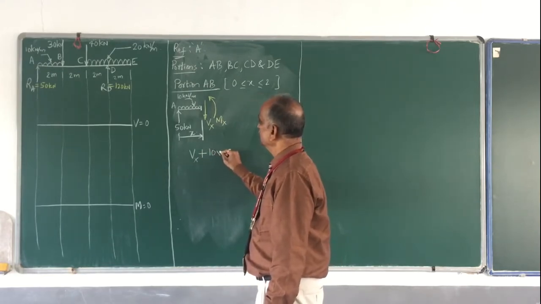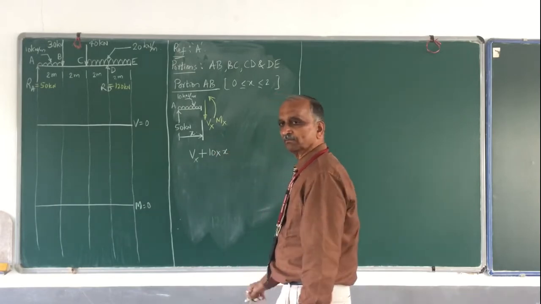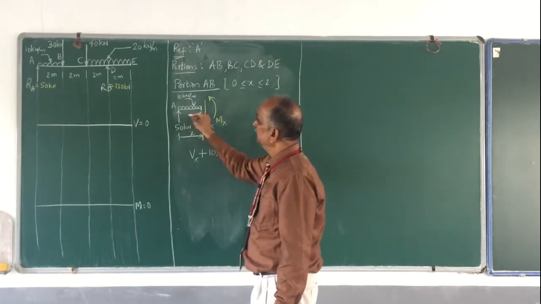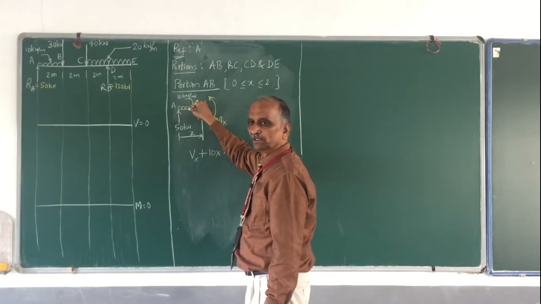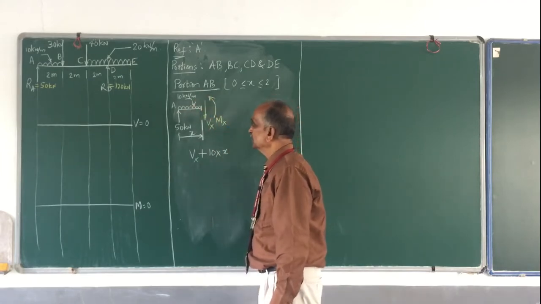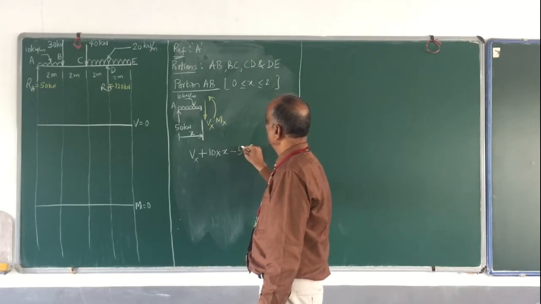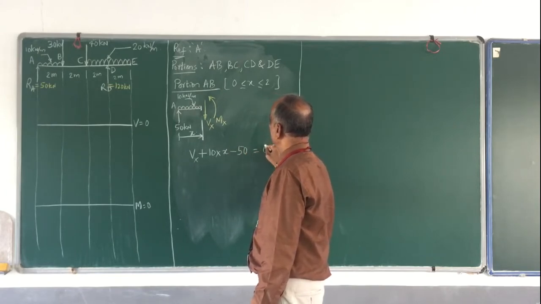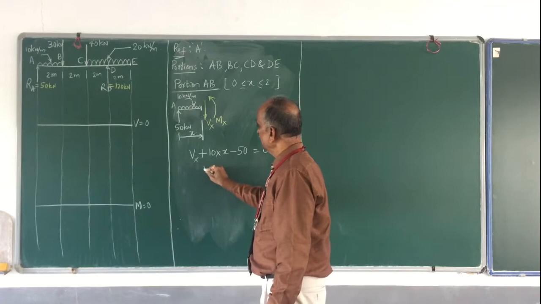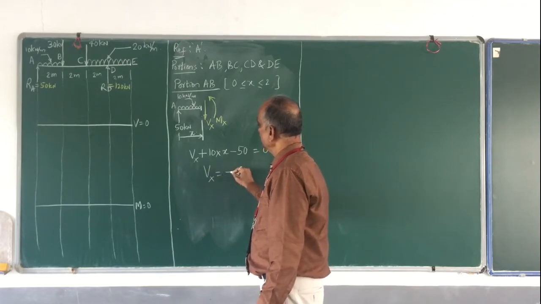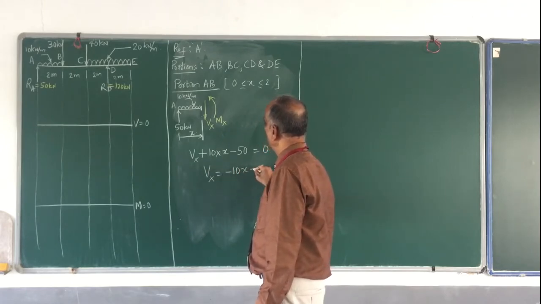It is 10 multiplied by x. So this length is x, 10 kilonewton per meter multiplied by length, that is x. Then 50 kilonewton, it is upwards, therefore it is minus 50, equal to 0. Therefore Vx is equal to minus 10x plus 50.